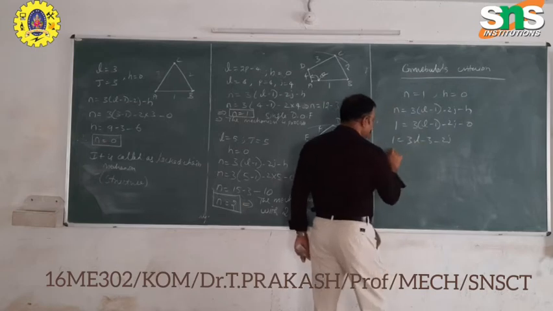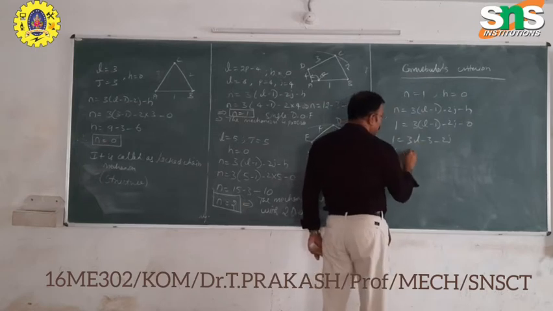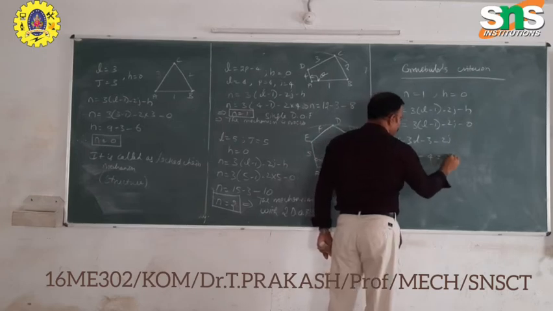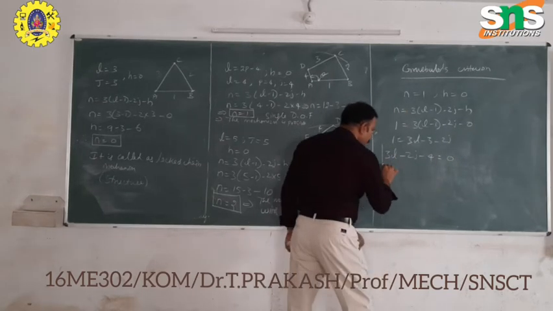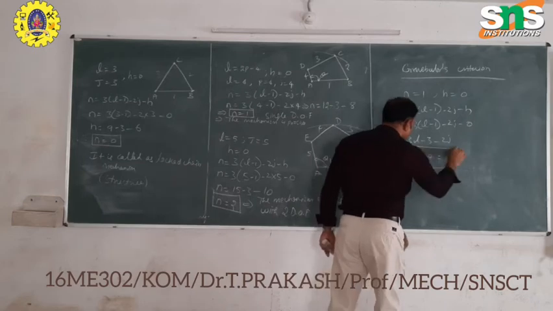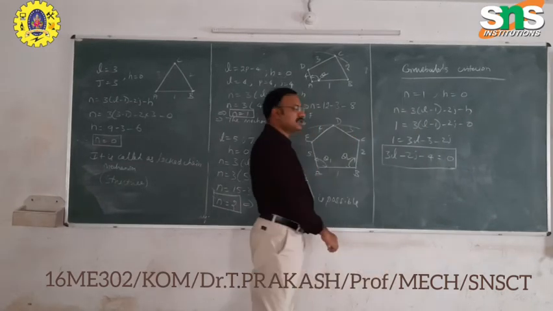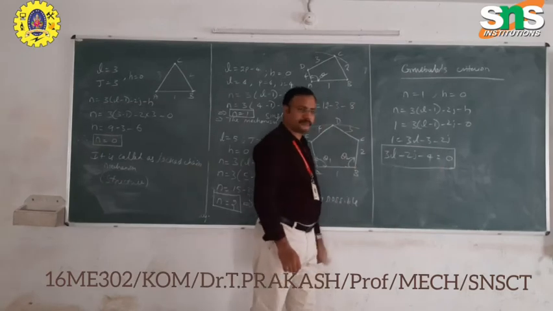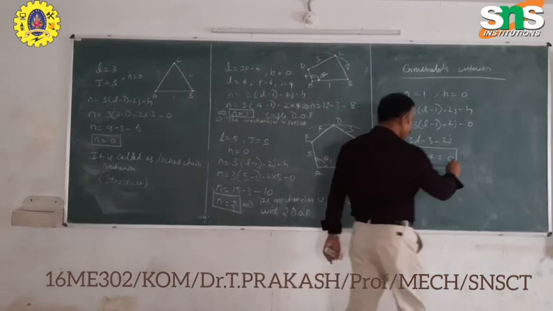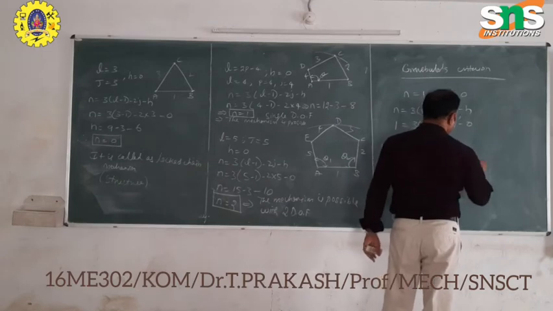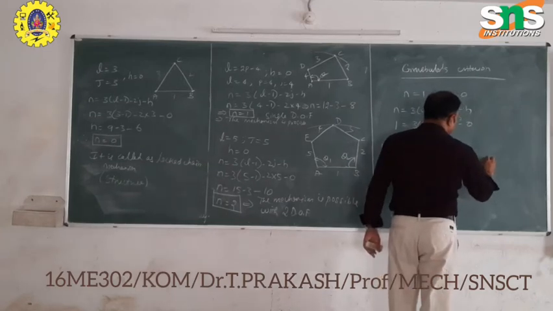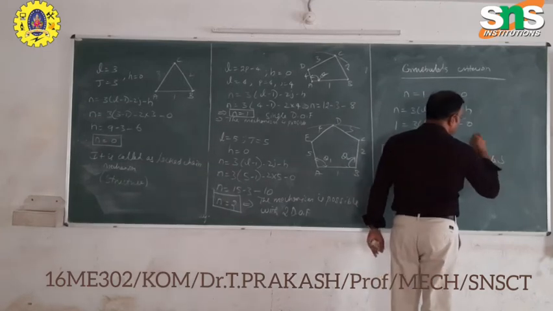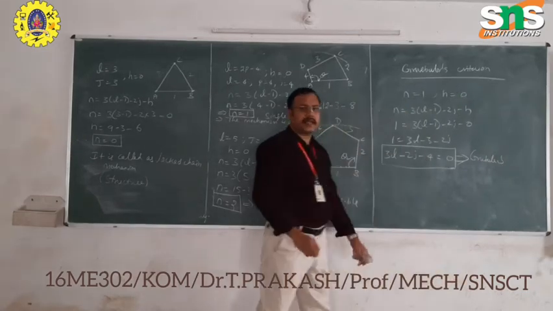You take this 1 to this side: 3L - 4 - 2J = 0. The Veblen criterion is given as 3L - 2J - 4 = 0. This is the equation given by Veblen's criterion. This equation is called Veblen's criterion.